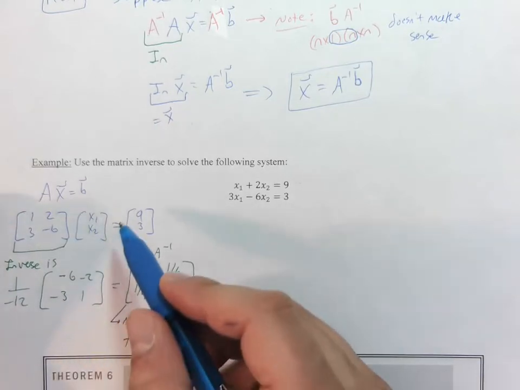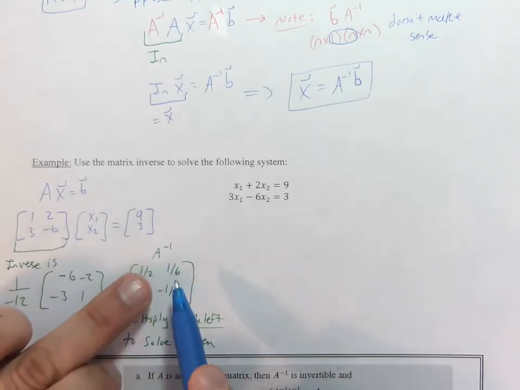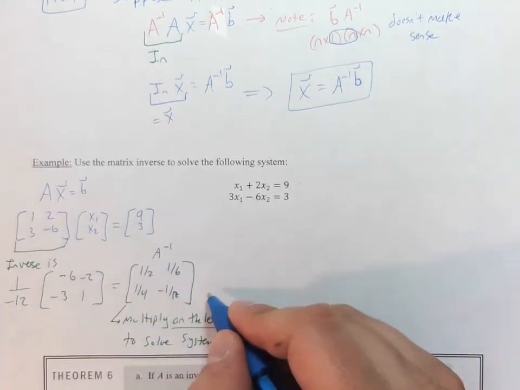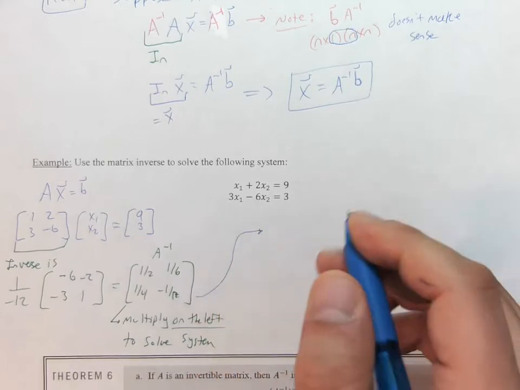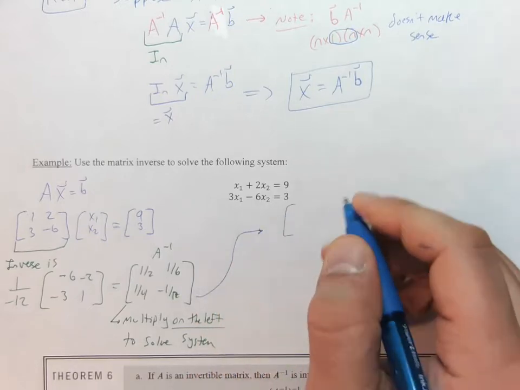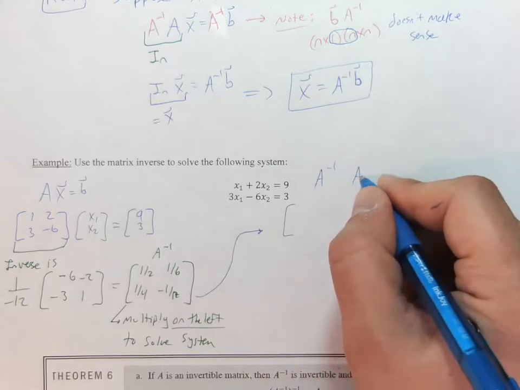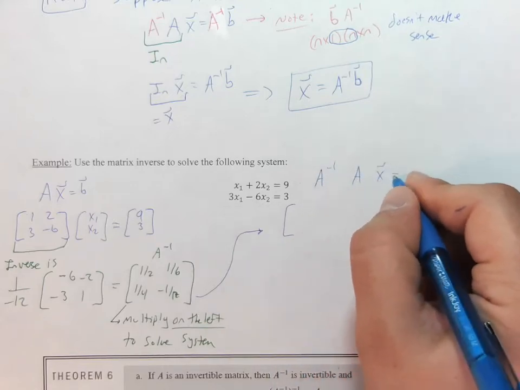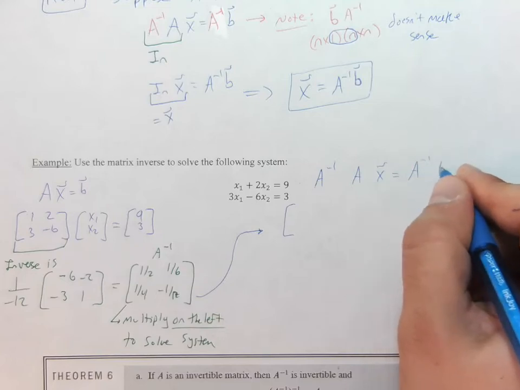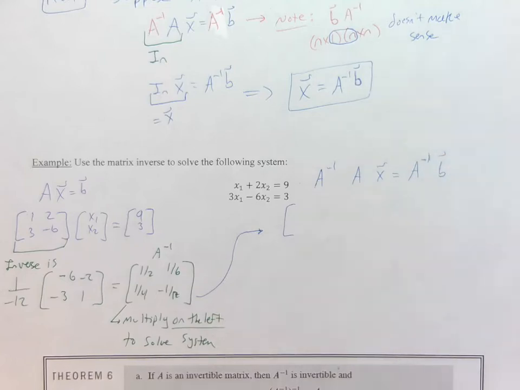I'm going to rewrite this system with this multiplied on the left. I'm trying to show you all the details here. So what we want to do is A inverse times A times X equals A inverse times B. Alright, so that's where we're heading right now.